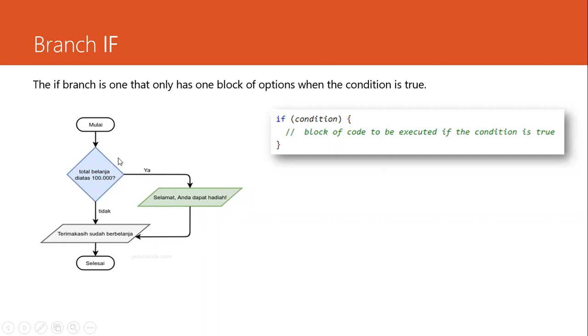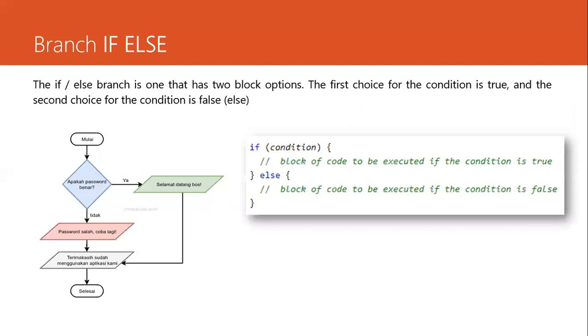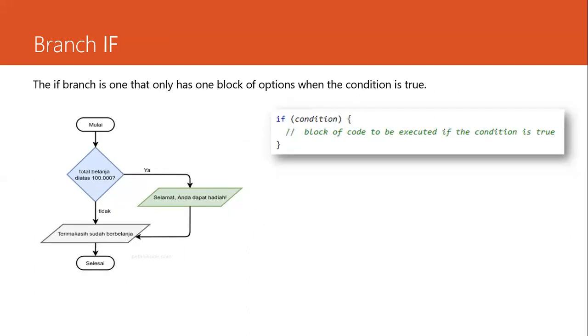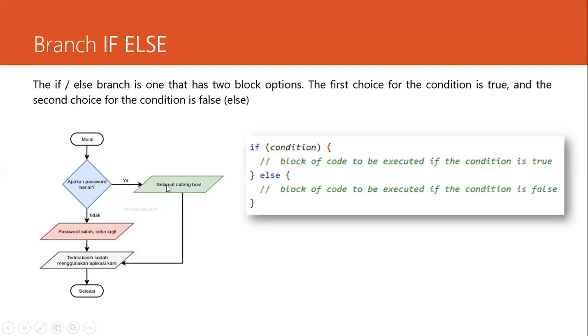If yes, it will run this block of code, and if not, we will continue to the next block of code. Okay, so that is if we just have one option. Yes, and if not, it will be skipped.